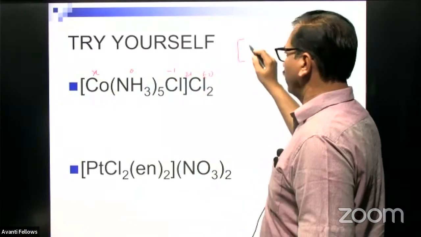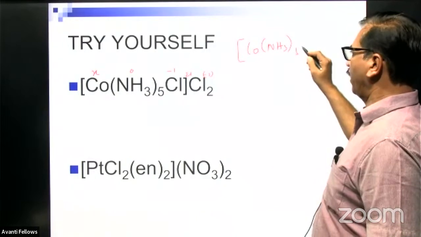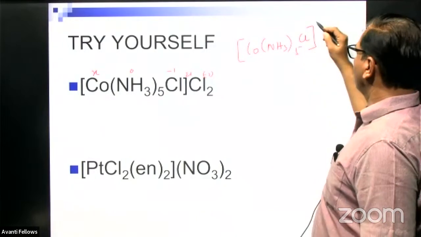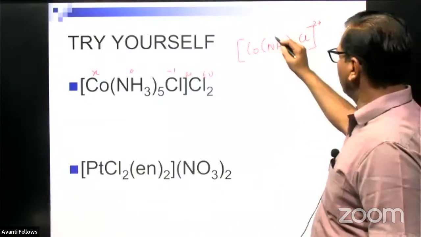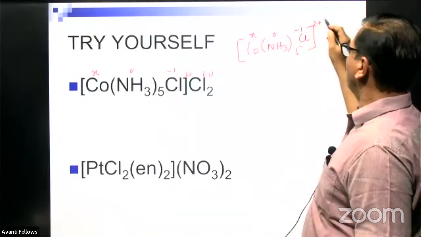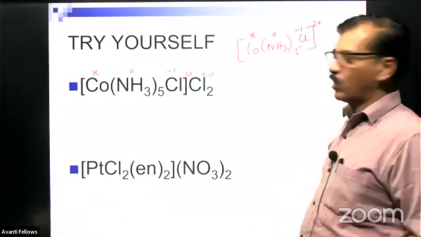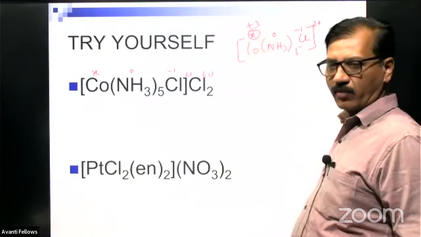Therefore, the complex is Co(NH3)5Cl, and it should have 2 plus as the charge. Now this is 0, this is -1. X plus 0 minus 1 is equal to 2 plus. Now find out the X. This is +3. Correct?